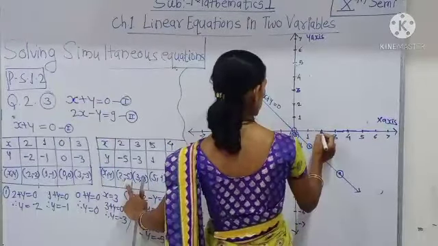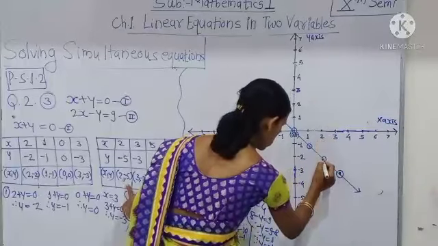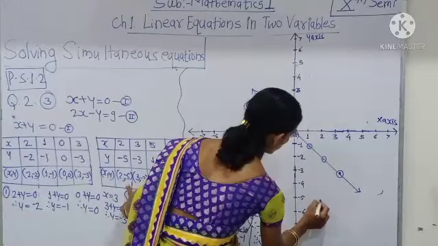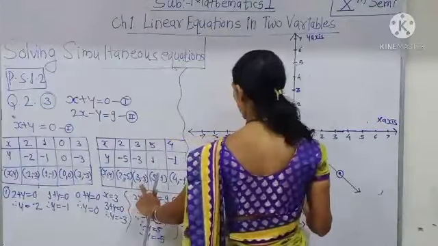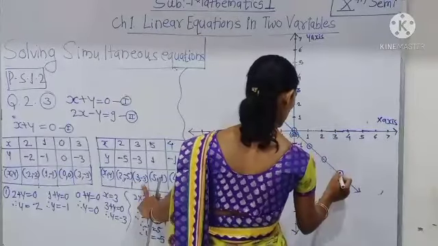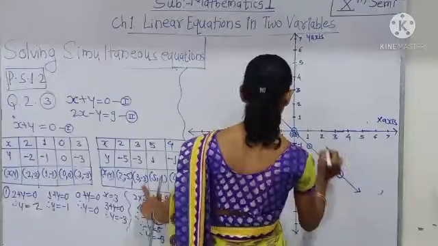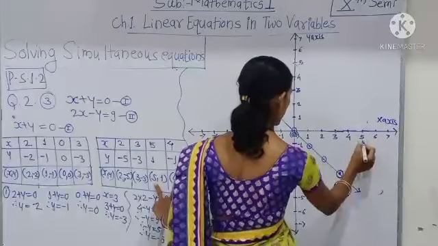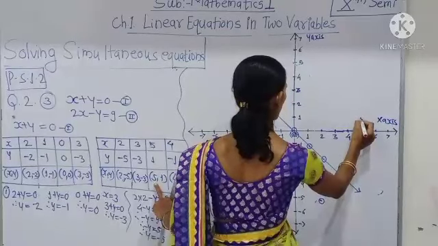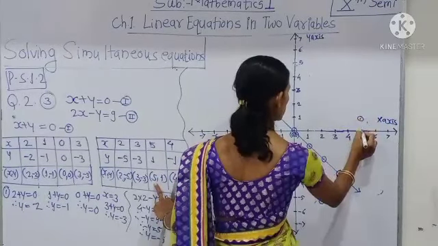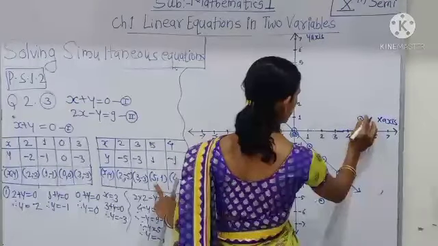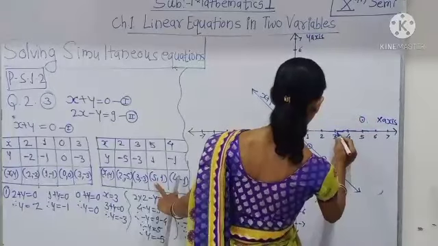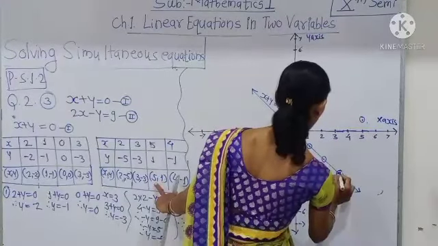(2, -5), that is 2 and minus 5. Then (3, -3) is the second point. (5, 1), on the x-axis 5 and 1 on the y-axis, is the third point plotted on the graph paper.